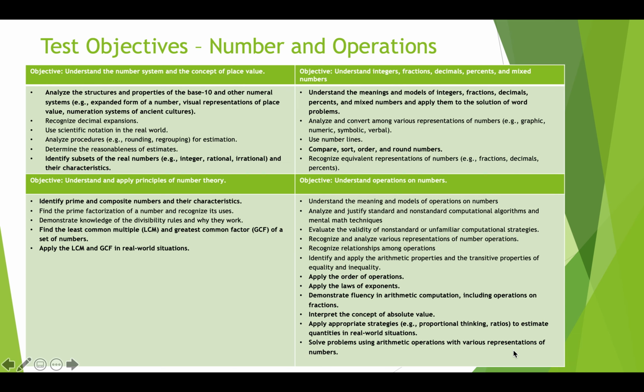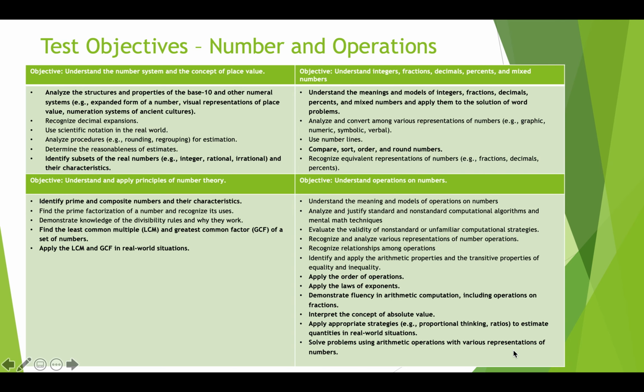Put a question mark next to an objective that you have some questions about, and then put an X next to the objectives that you don't know at all. So then when you go through and take your practice test, you can focus on the questions that measure the objectives that you aren't so sure about, so that you can practice answering some questions about those objectives that you thought that you might need more practice on.